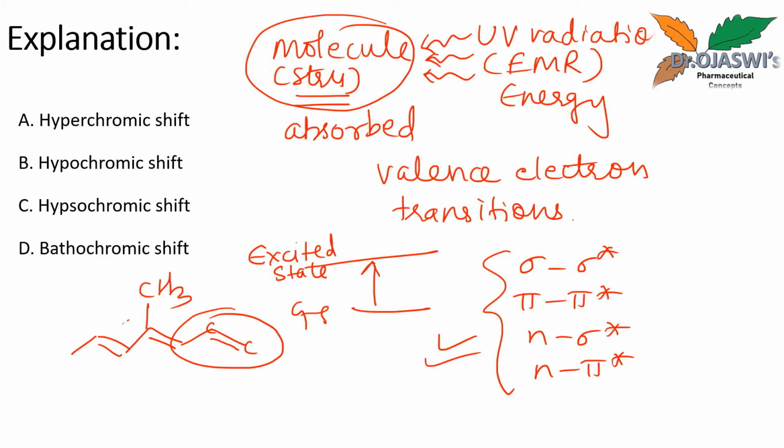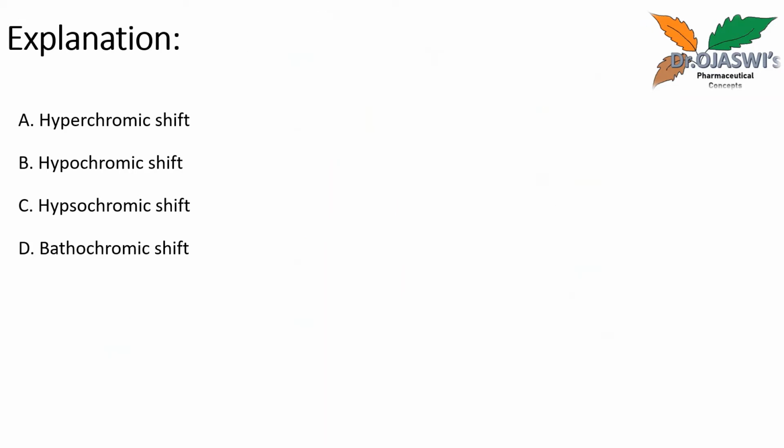Based on this, there are these types of shifts. Bathochromic shift means, for example, any particular molecule is giving a UV spectrum like this, where this is the lambda max of that molecule.